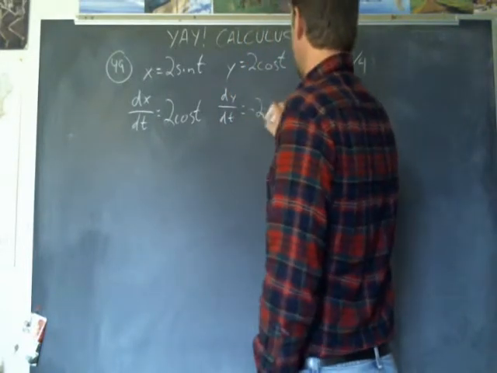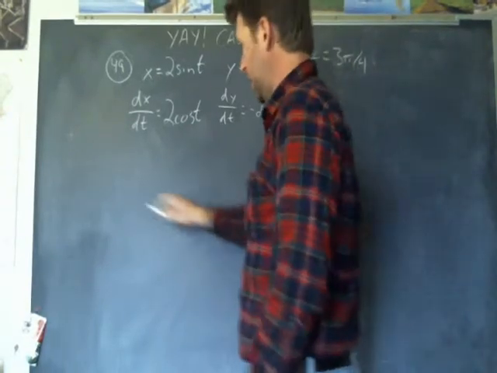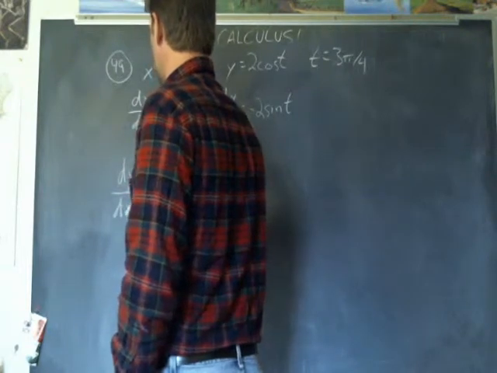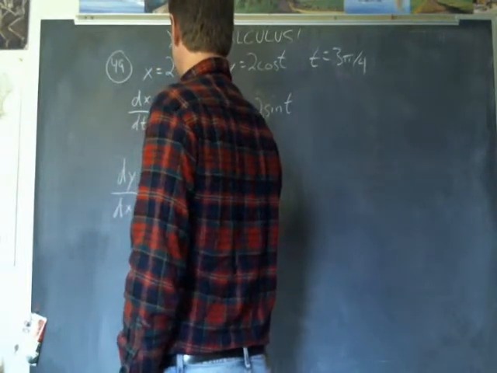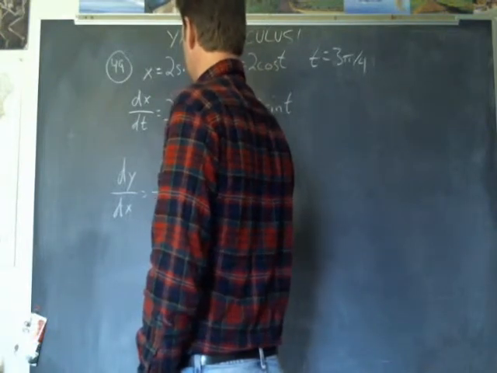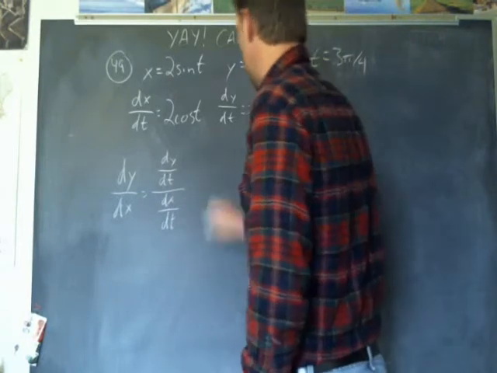Derivative of cosine is negative sine. And our formula dy dx is equal to dy dt over dx dt. It's easy to remember because they invert multiply, get dy dx.